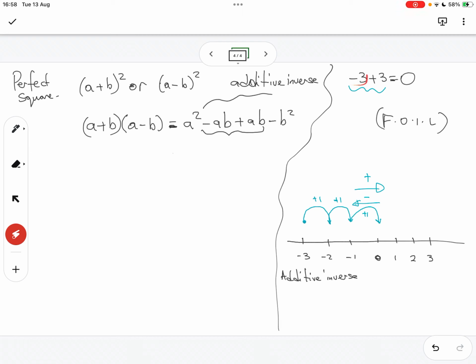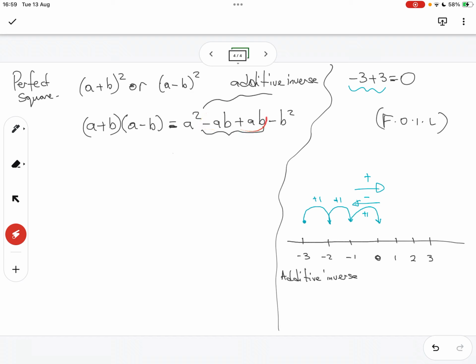Okay, good. So now when we are using addition and subtraction, the term additive inverse becomes important. And now that's where, if we have an element, in this case we have -3, then its inverse would be +3, right?